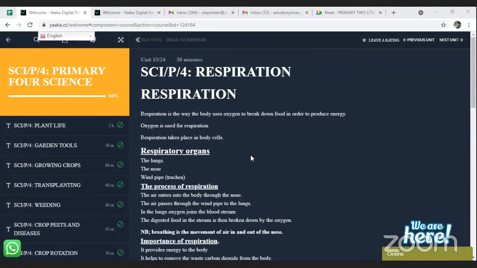It is going to be for upper primary, and upper primary starts from primary 4 up to primary 7, but the unit we have chosen is for primary 5. So I need you to get set and try to find ways of accessing that work so that you can participate actively.